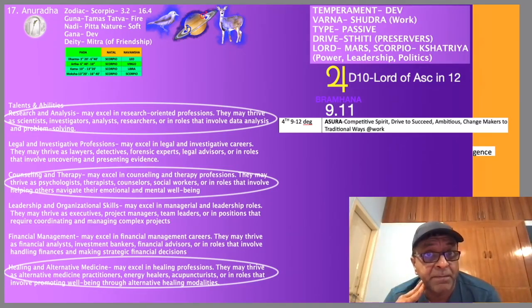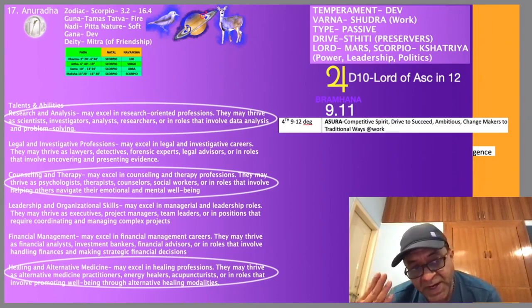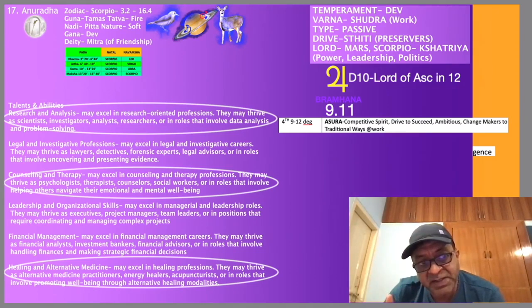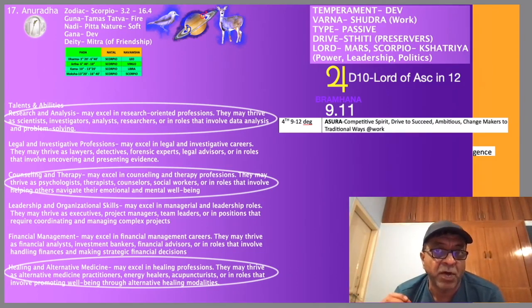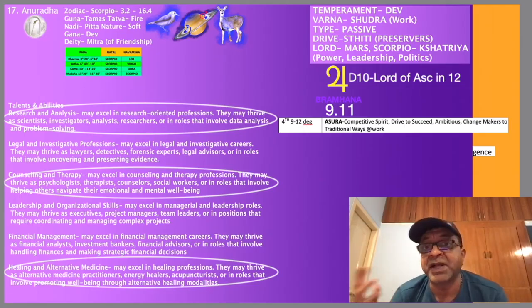The second one. The third one being healing and alternative medicine. They may thrive as alternative medicine practitioners, healers, acupuncturists, and so on. Right? So, right off the bat, you can see three professions which dominantly indicate in her D10 that she needs to get into something related to psychology or counseling.